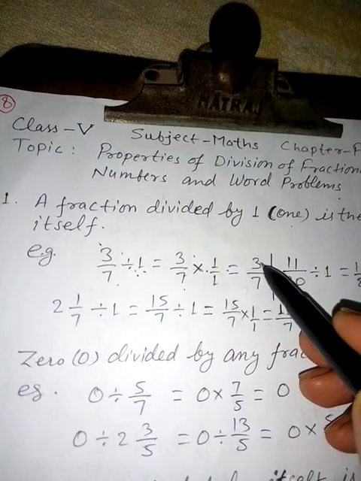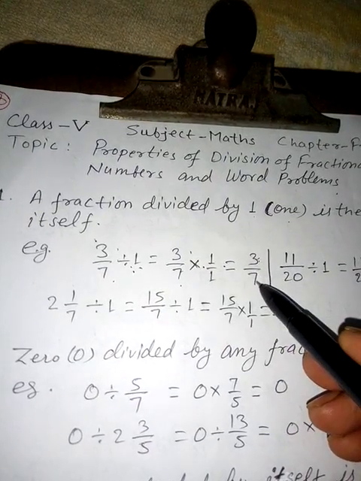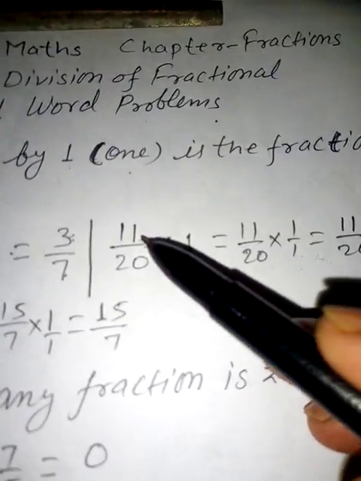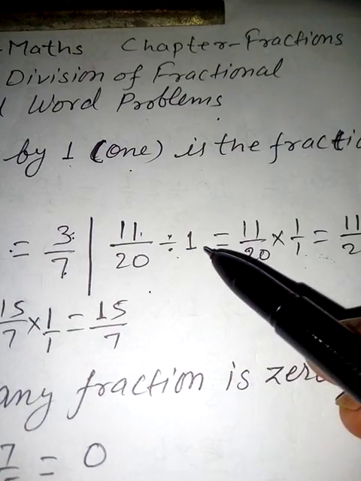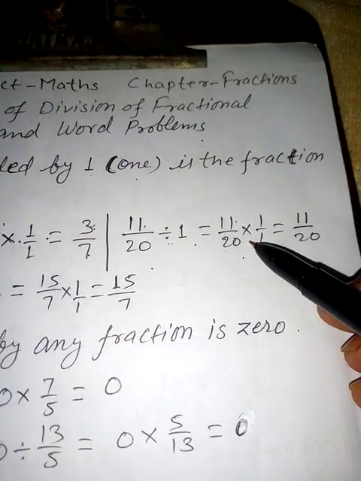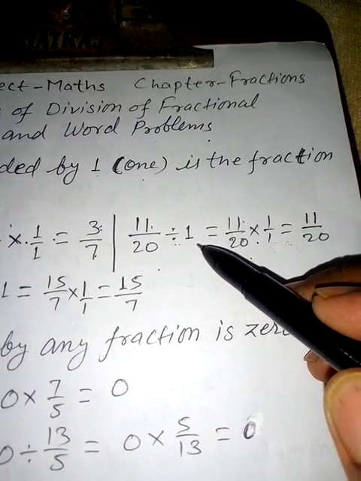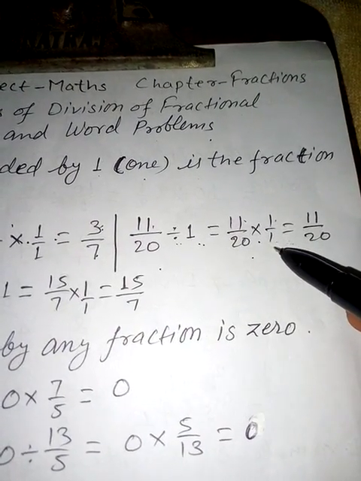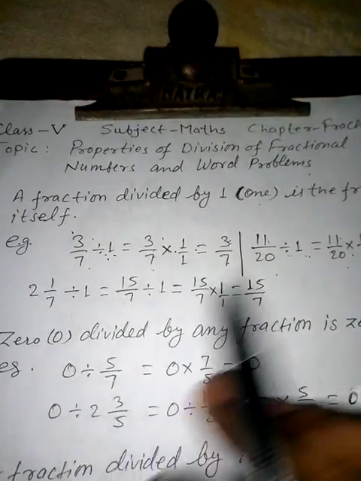So ultimately it will be 3 by 7. Another example, 11 by 20 divided by 1: division changes into multiplication, and the reciprocal of 1 is 1 by 1, so it will be 11 by 20.